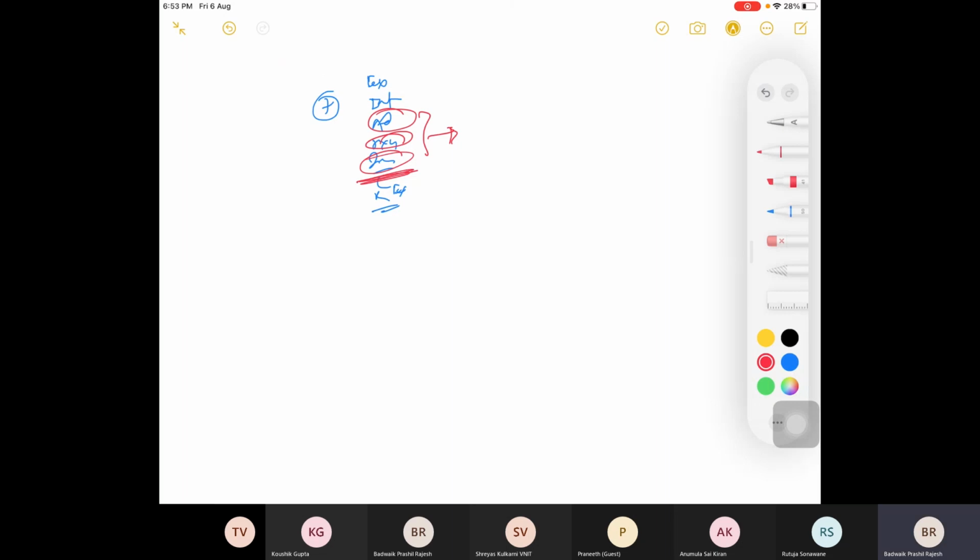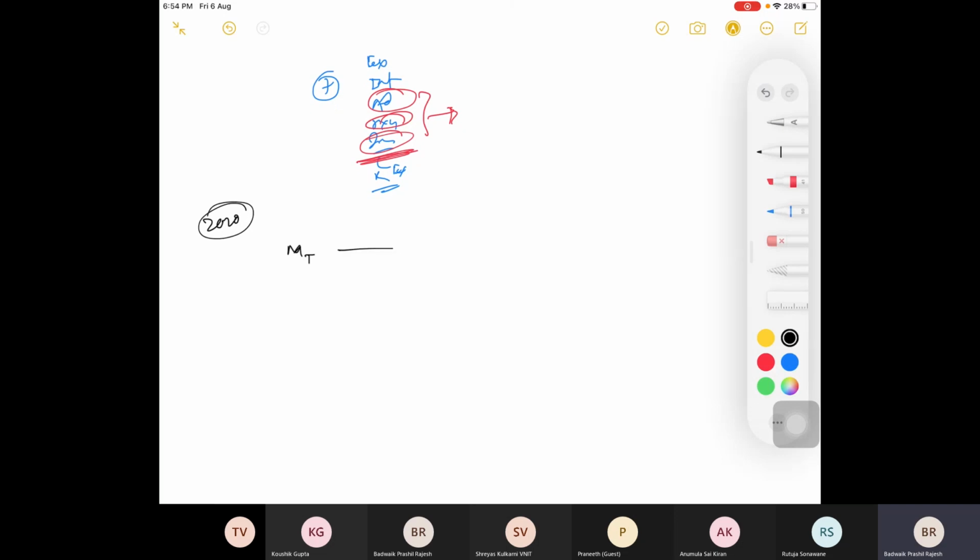So please take out your GATE previous year questions. We'll start with GATE 2020, where the question was asked for Thiele modulus.